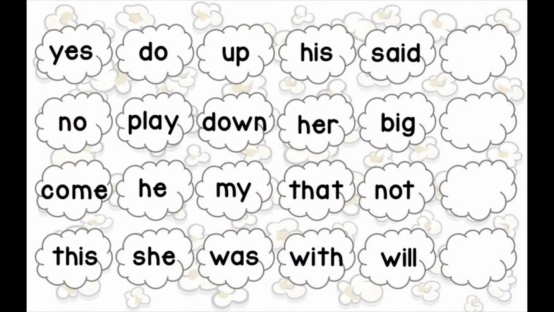Now let's practice reading the List 2 words. Yes, no, come, this, do, play, he, she, up, down, my, was, his, her, that, with, said, big, not, will.